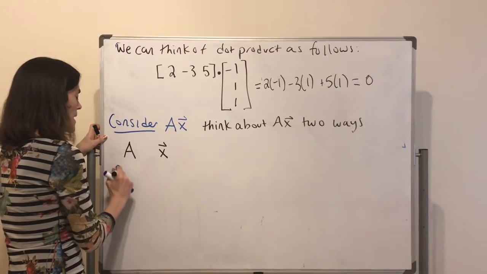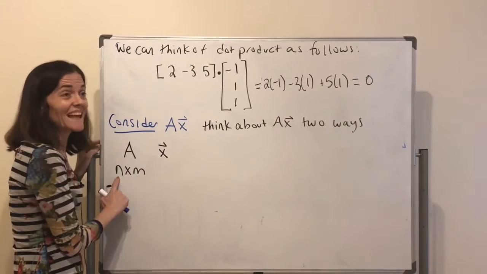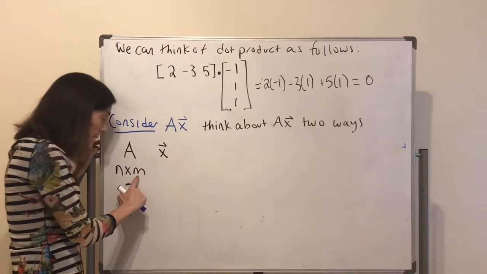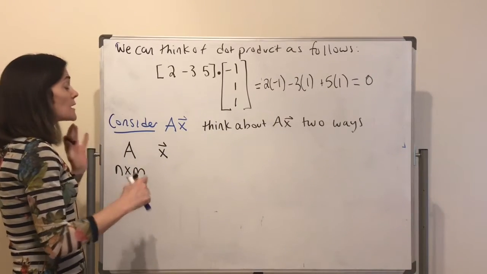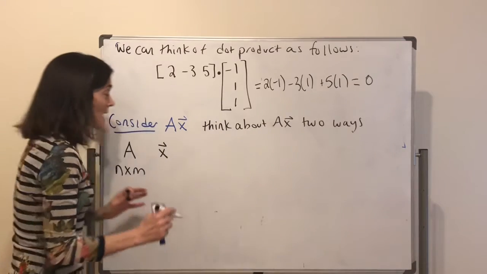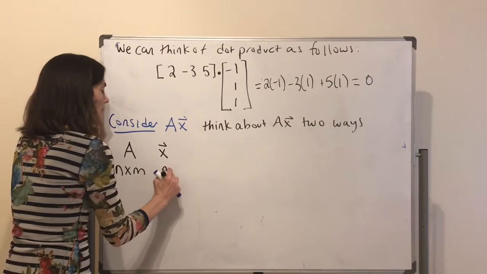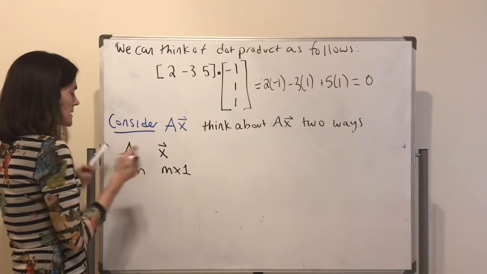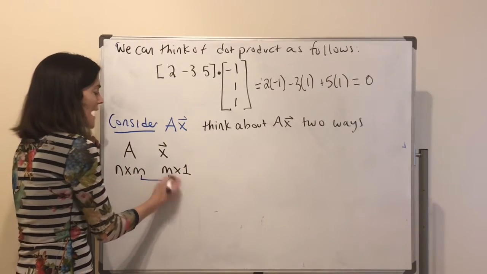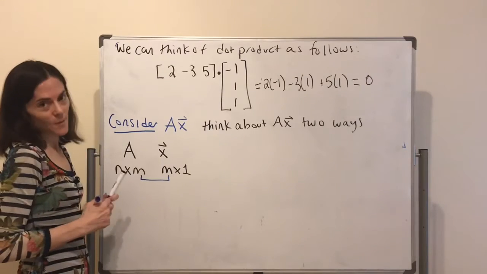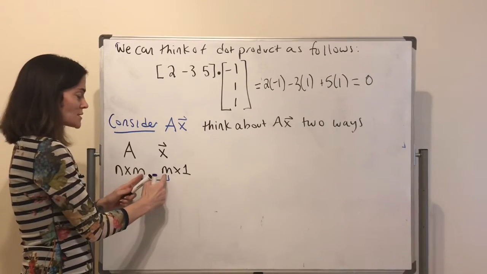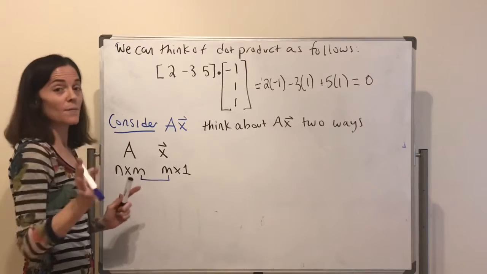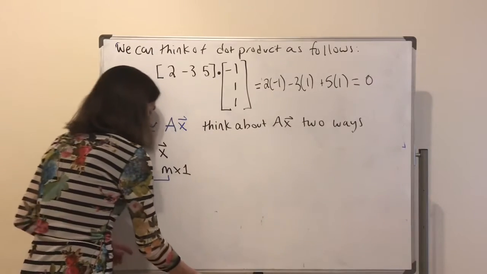A is going to be n by m: n rows, m columns. In order for this product to be defined, we need x to be m by 1. The way I always think about this is that the middle numbers will match, and then you can form the product. If the middles don't match, you can't multiply. I'll show you in a second.